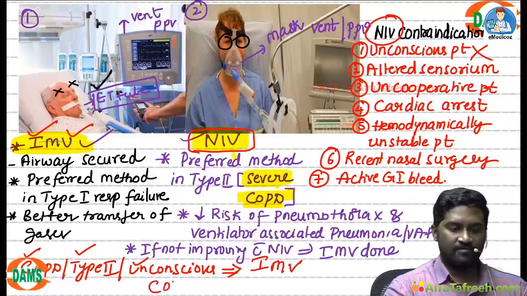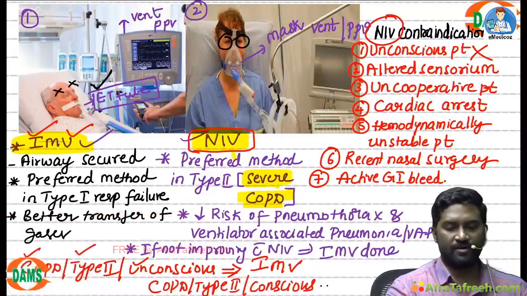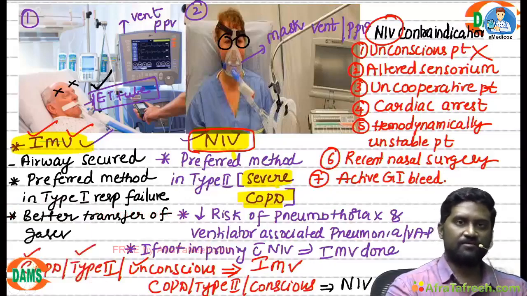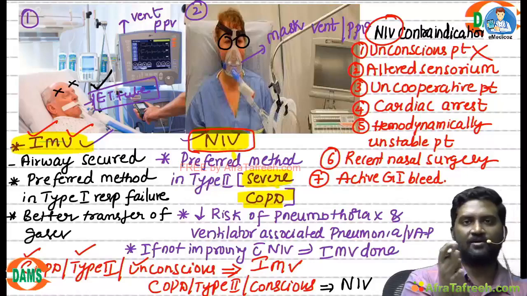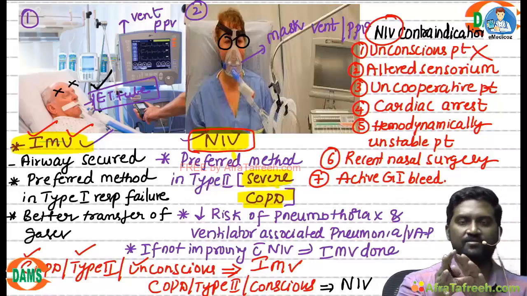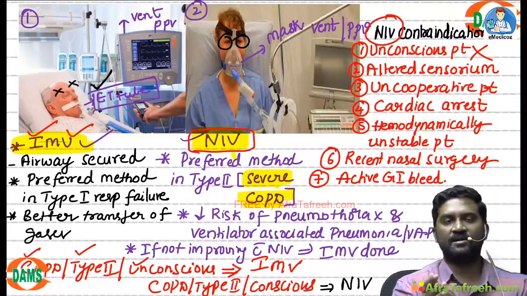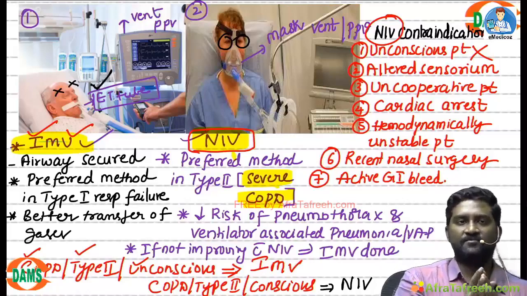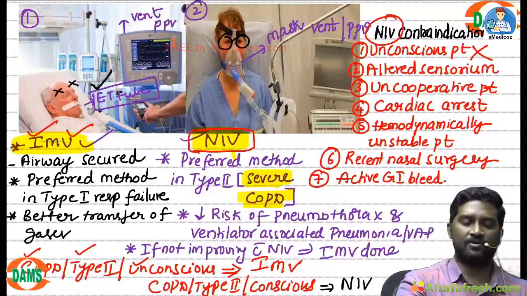Another question, COPD, type 2 respiratory failure, patient is conscious, oriented. Here what should be the preferred choice? It is NIV. So students, there are no hard and fast rules that this patient should be kept only on NIV or IMV. Depending upon the patient's current situation, you should assess and decide what is best for the patient. So this is regarding respiratory failure, the management part, the differences between IMV, NIV, the indications and few contraindications.